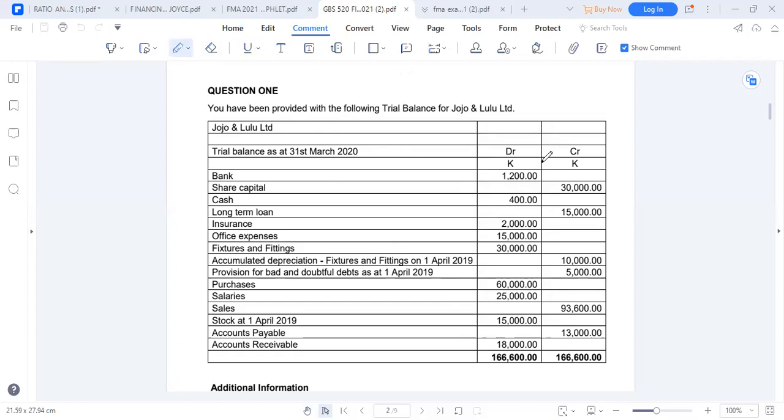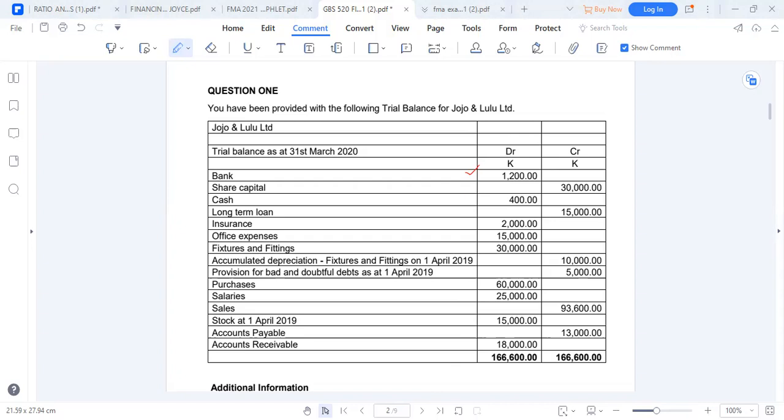So to start with, we have bank, which is on the debit side. Why was it debited? Anyone quickly? Why was bank debited? Because it is a what? It is an asset, a current asset, correct.